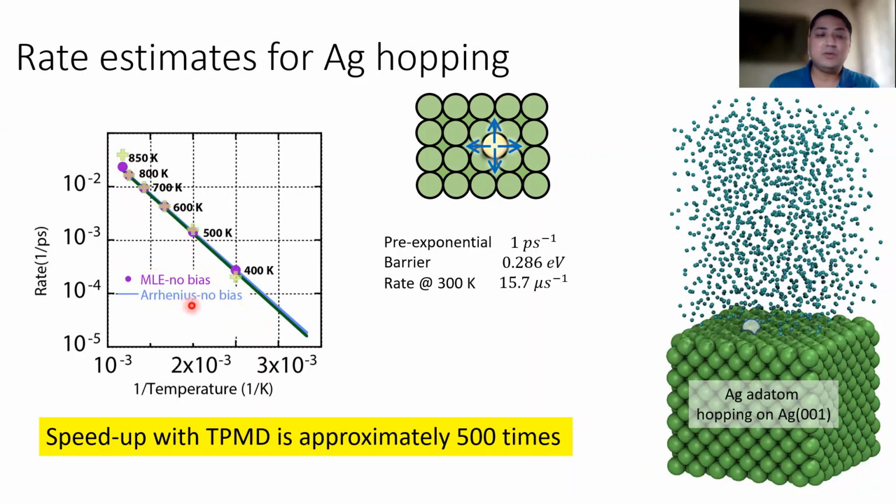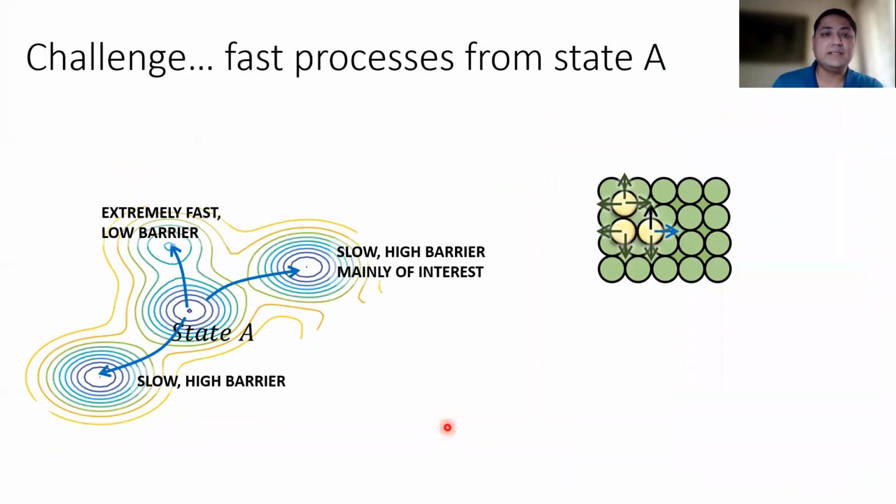And even with the Arrhenius approximation, you get the same behavior. So that means that indeed this particular path does display Arrhenius type behavior. And in this example, we achieve a speed up of about 500 times over the standard MD, which is pretty significant.